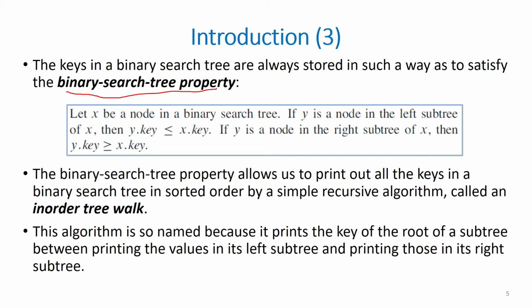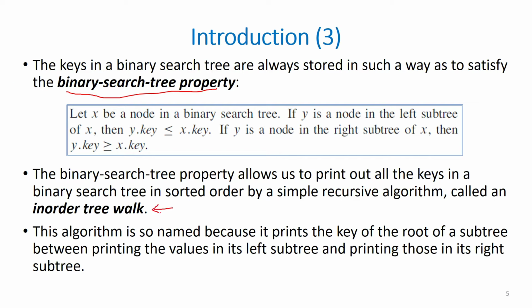For any node x in the BST, if node y is in the left subtree of x, then the key of y should have a value at most as the key of x. If the node y is in the right subtree of x, then its key cannot have a value lesser than that of node x. With such a property in place, we can easily print out all the keys in the BST in a sorted order, or as it is commonly called, perform the in-order tree walk.